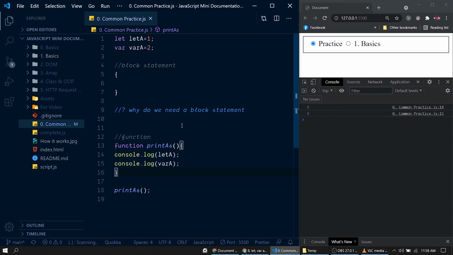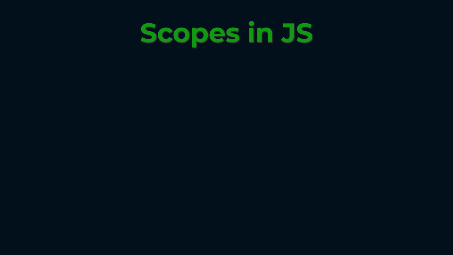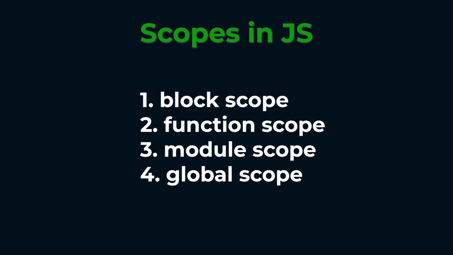Now in JavaScript, there are 4 types of scope: block scope, function scope, module scope, and global scope. For now, let's completely ignore module scope. We will get into that later. If a variable is accessible across the whole application, then it is in global scope. Variables accessible only to a block statement or a function are known as block scope or function scope respectively.